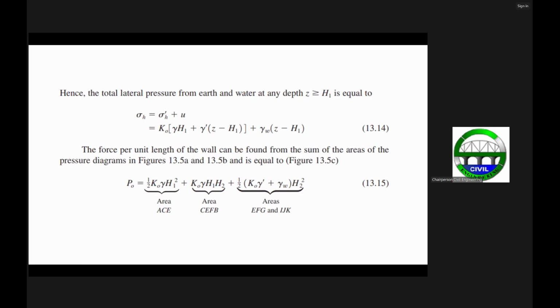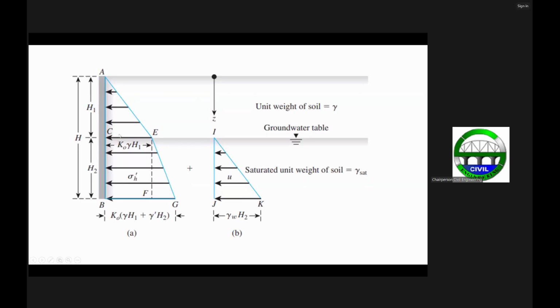This unit length is perpendicular to your screen, for example. If you have your laptop with you, that's perpendicular to your screen; that's the unit length of the wall, perpendicular to this diagram.